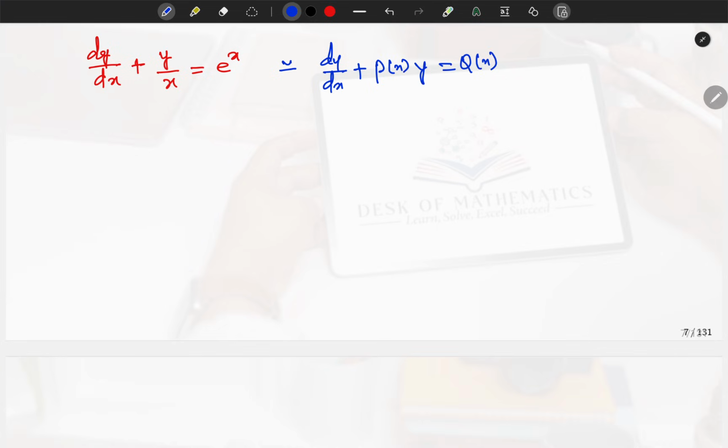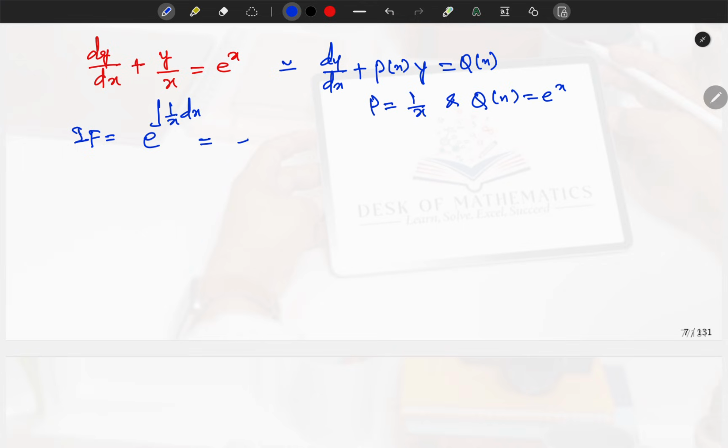In this case p of x is equal to 1 by x and q of x is equal to e raised to the power x. So now it is the Leibniz linear differential equation. You have to find the integrating factor, that is e raised to the integral of 1 by x dx, since p of x is 1 by x.